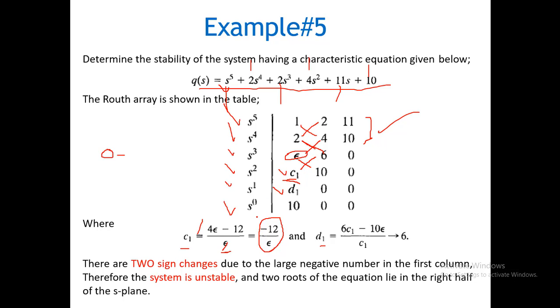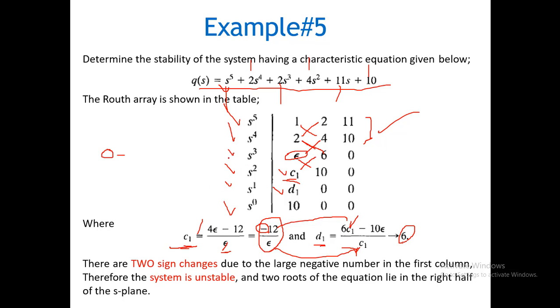Now you can see that c1 has a minus sign, and d1 turns out to be 6 when you put the value of c1, that is minus 12 divided by epsilon. You have to put c1 in the numerator as well as in the denominator, and the value will turn out to be 6. So you see that the value of c1 was negative and the value of d1 is positive. So the sign changed twice.